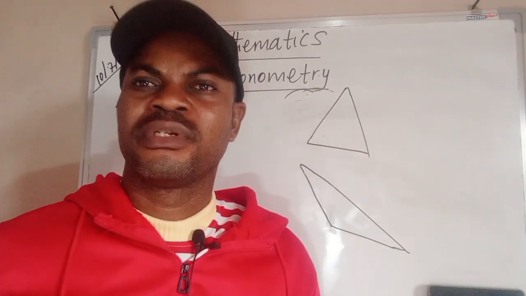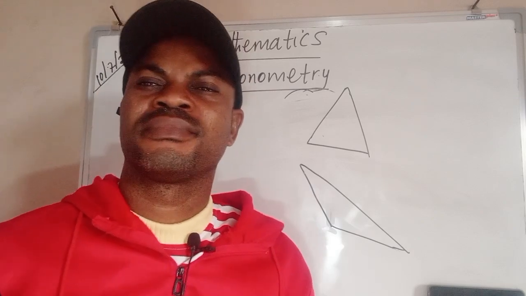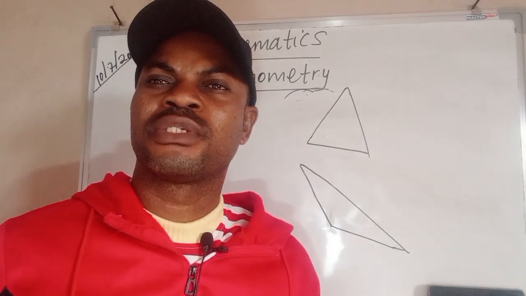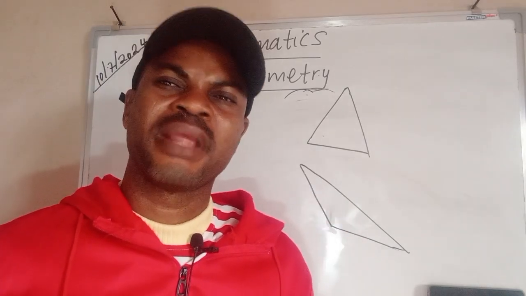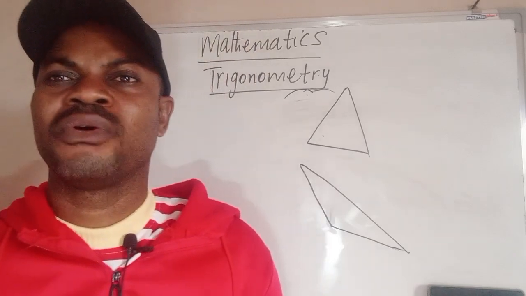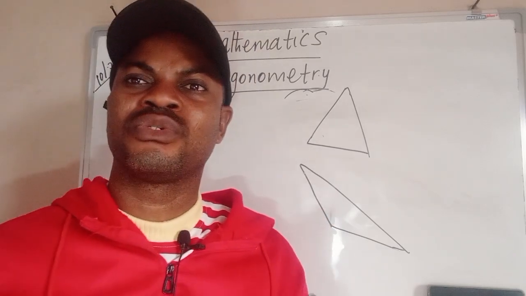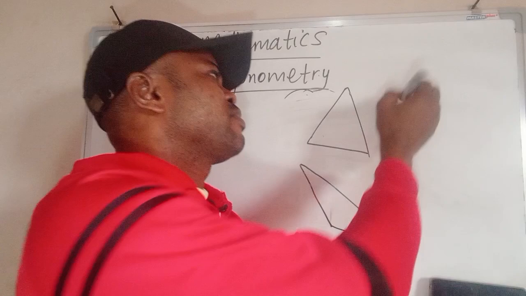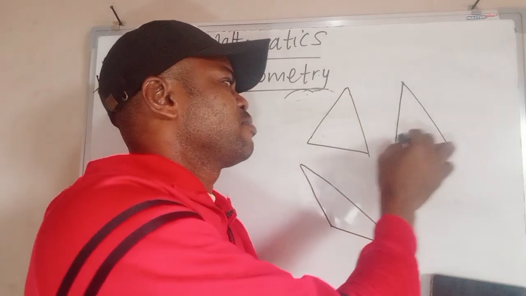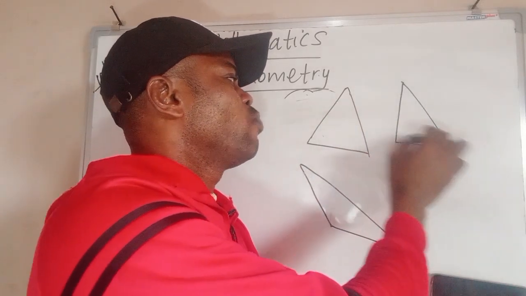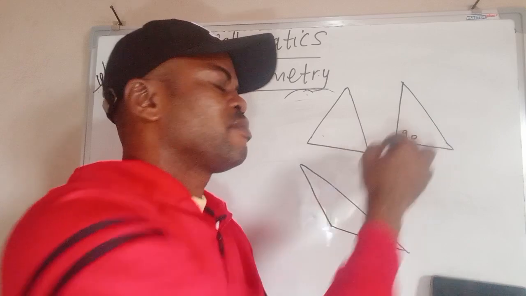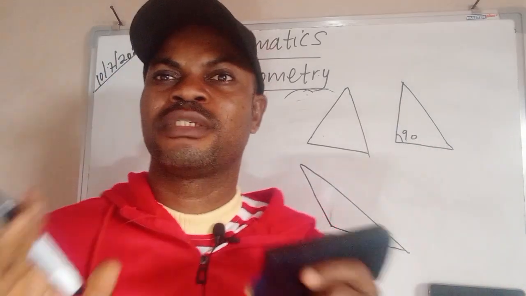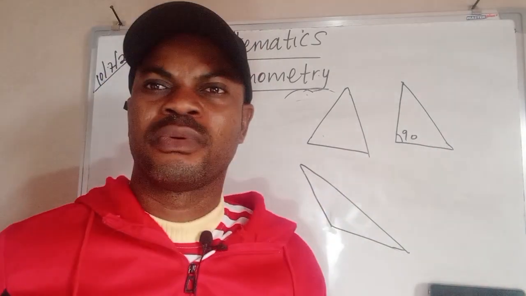For a better understanding, when you are given a question on triangles, and you find out that the triangle you're dealing with is a right angle triangle, as in this case, whereby this is angle 90, the solution is Pythagoras' theorem.